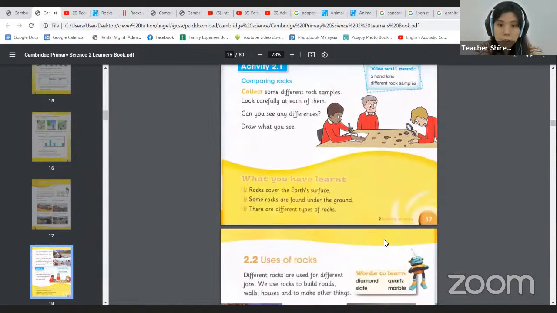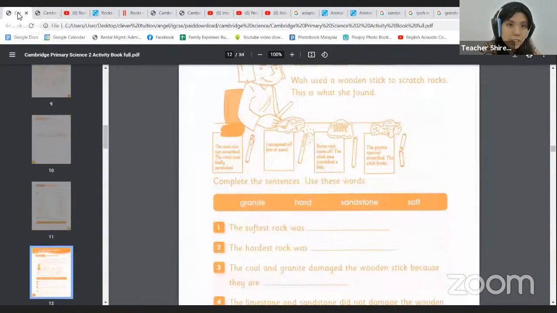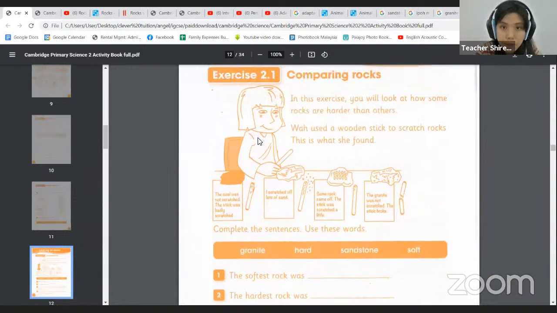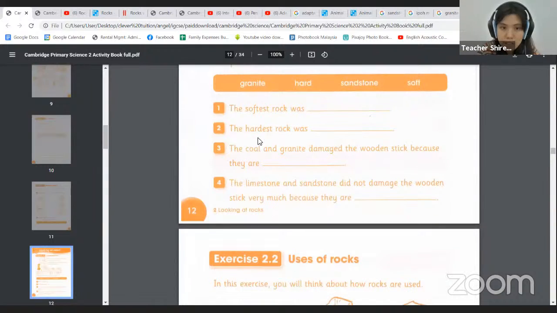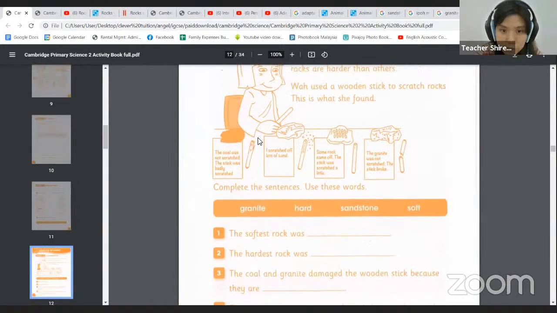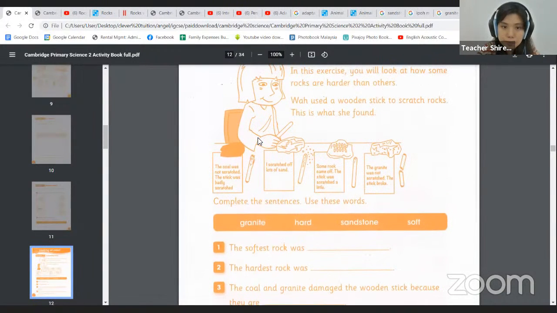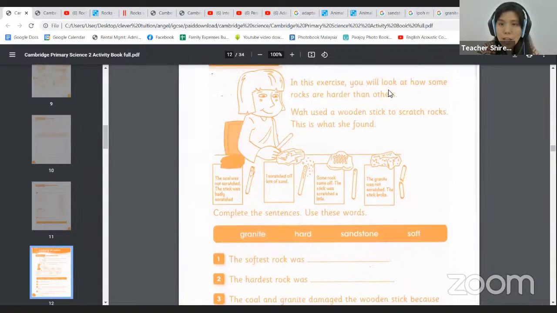Let me show you a little bit on this part. Now let's look at your activity book, page 12. In this exercise, you will look at how some rocks are harder than others. Why use a wooden stick to scratch the rocks?